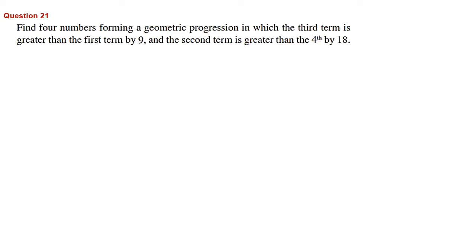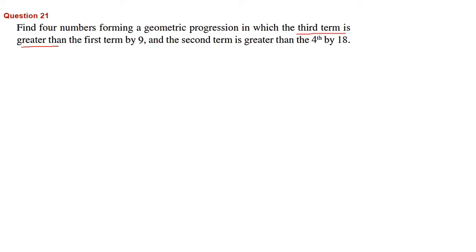Here, when we go through the statement, it is asked to find four numbers that form a geometric progression in which the third term is greater than the first term by 9.